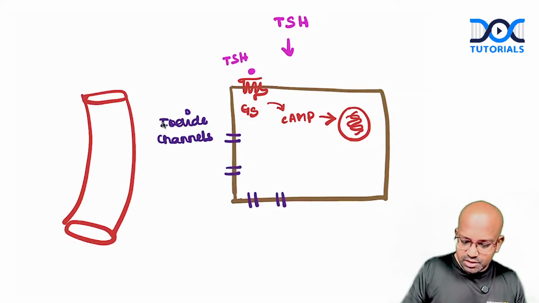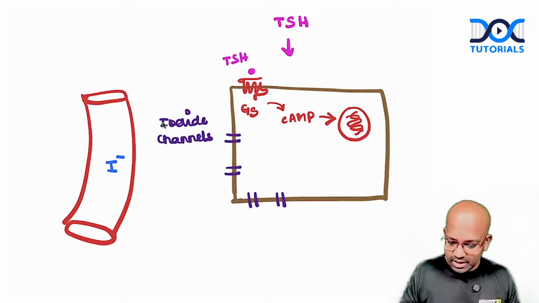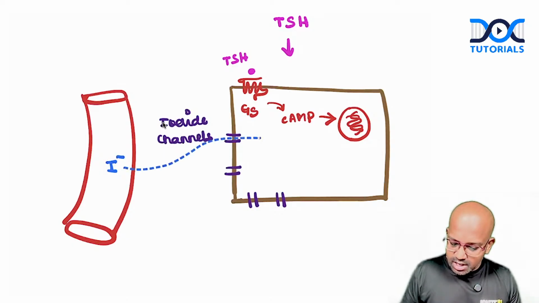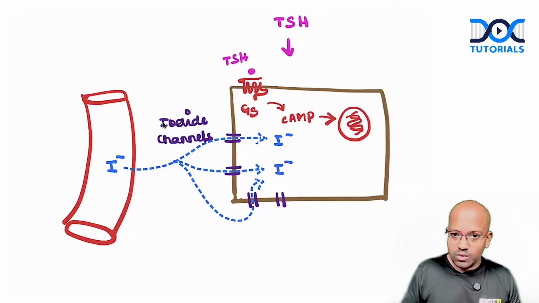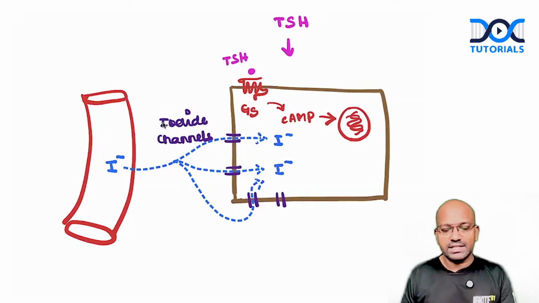From the blood vessel, those iodides, I minus, which are inside the blood vessels will be taken up into these follicular cells of the thyroid. This is what we call iodide uptake. This is explained as iodide uptake into the follicular cells.